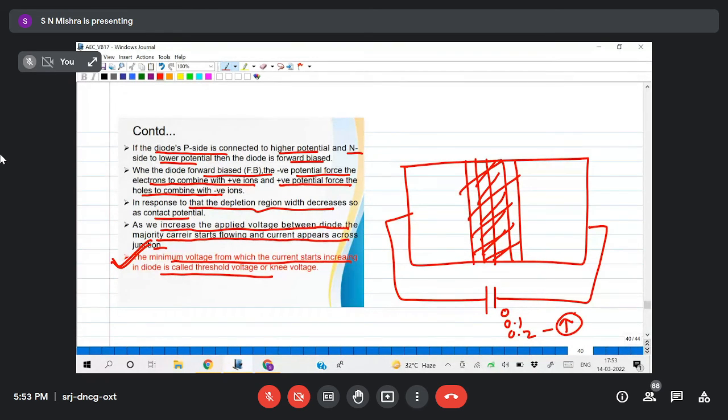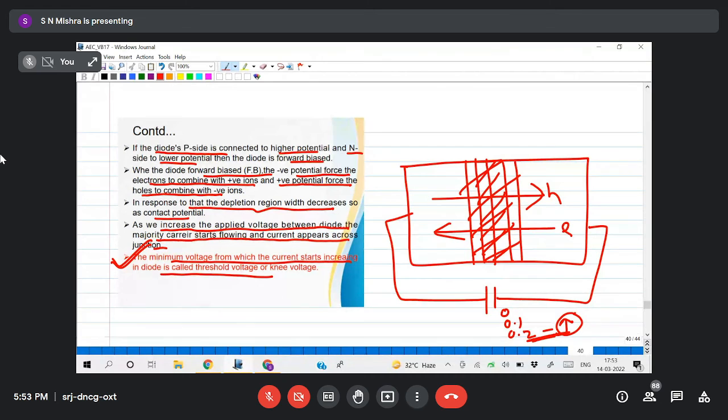So after certain time, at certain voltage, all the depletion region will be removed. Yes or no? There will be no positive or negative ion present across the junction, because the electrons and holes will recombine and get neutralized, and the ions are also removed here. So at that condition, the holes can easily move from here to here and electrons can easily move from here to here. Now current will start flowing.